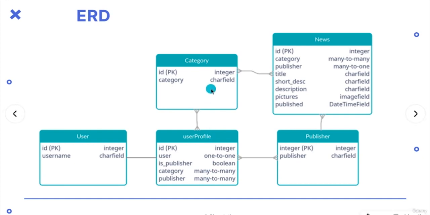If there's a category called tech, one user can be subscribed to tech, and another user can also subscribe to the tech category. There may be hundreds of users subscribed to the tech category. That's why I've said many-to-many: many categories can have many users.